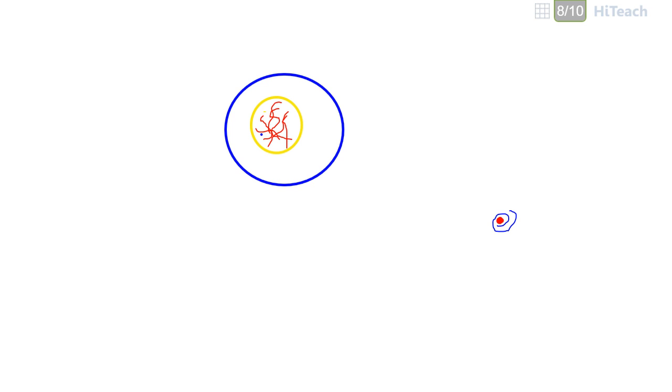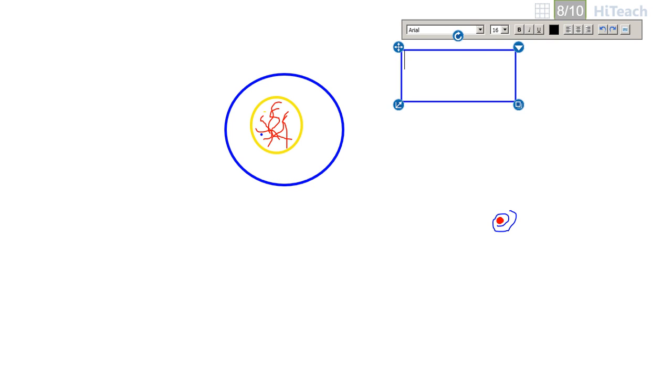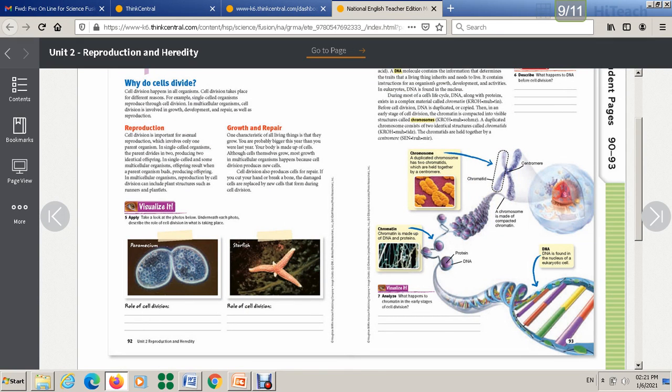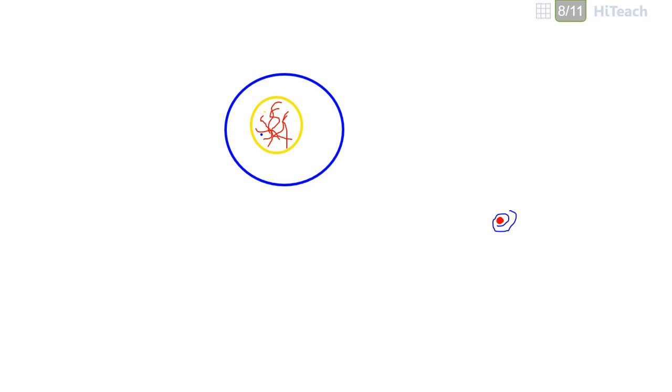I'm going to write it here. The protein is called what? Histone. The protein is called histone. So the histone with the DNA together make this thread-like structure. They are called what? They are called the chromatin.